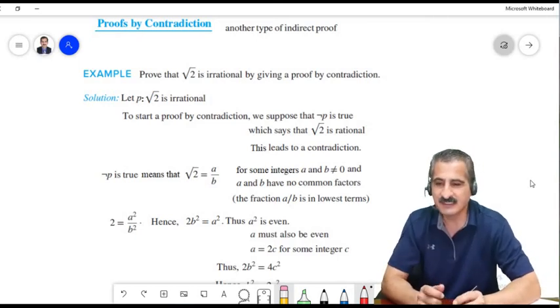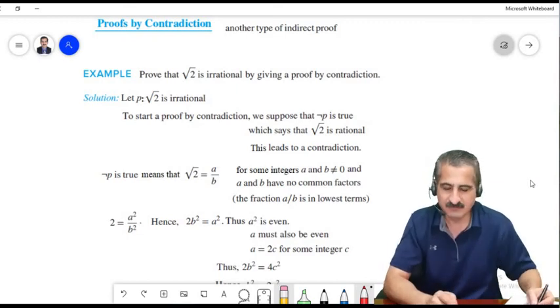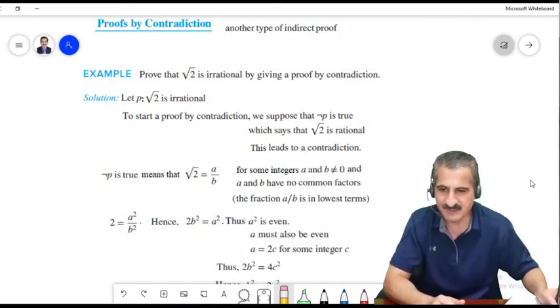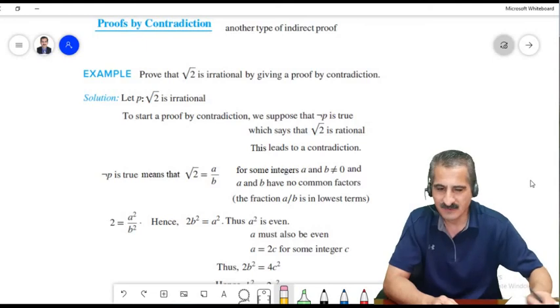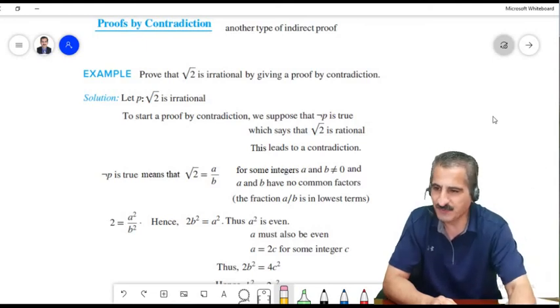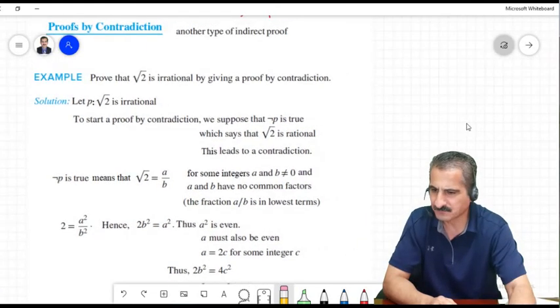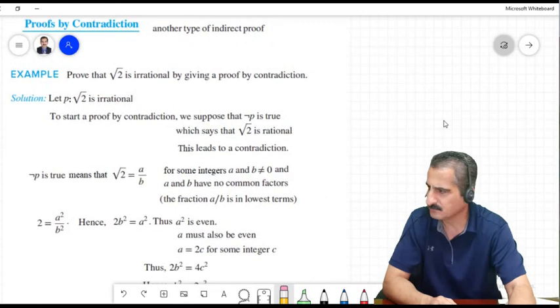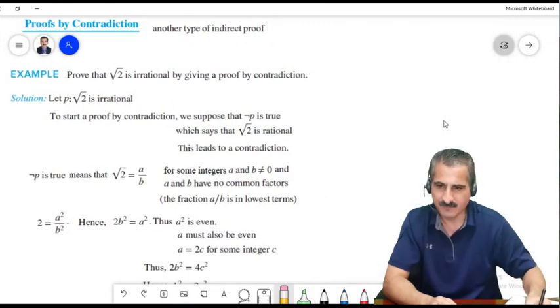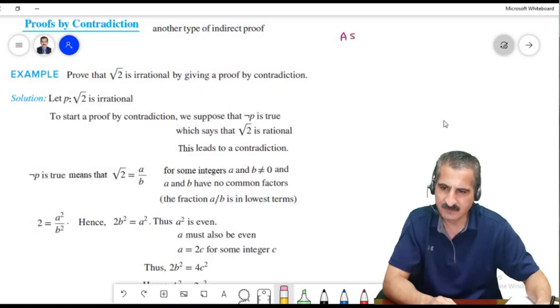The idea behind such a proof is the following. Assume we want to prove a statement, we want a statement P to be true.